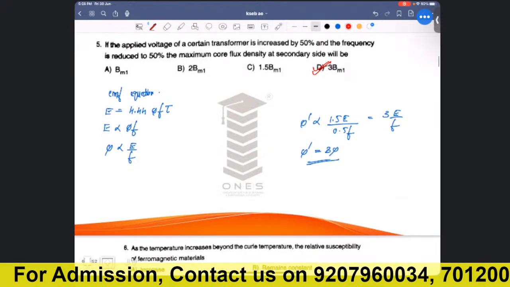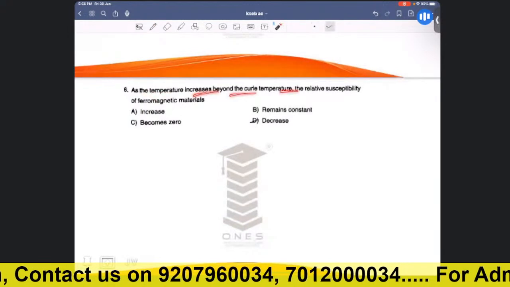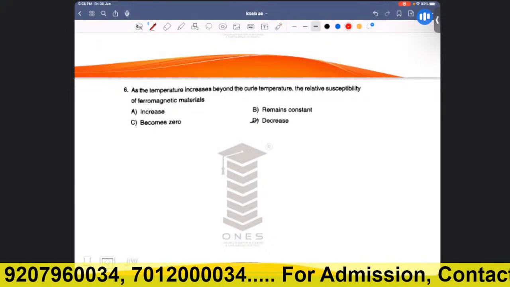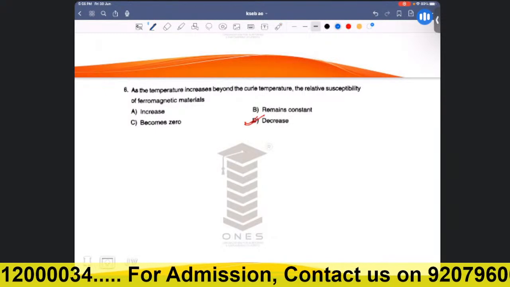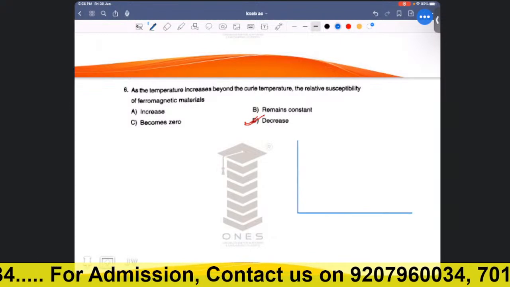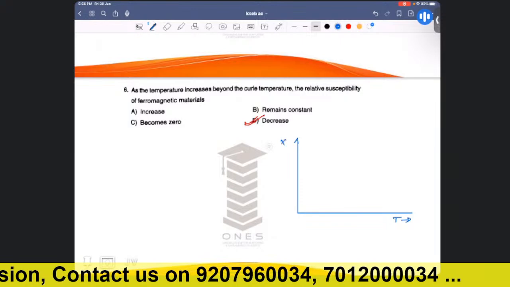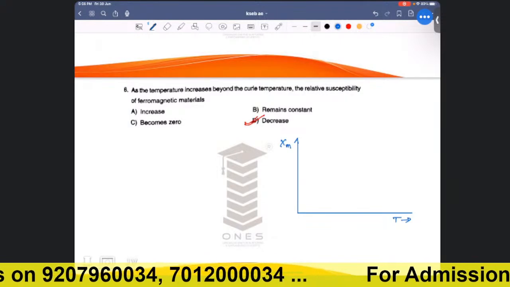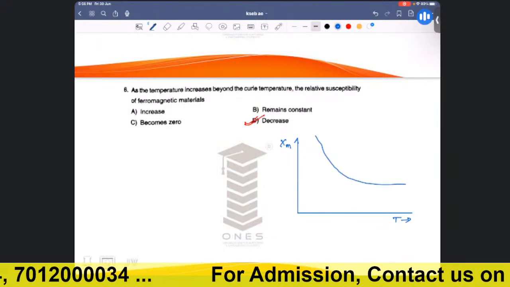Sixth one. As the temperature increases beyond the Curie temperature, the relative susceptibility of ferromagnetic material decreases. The x-axis is temperature and km means relative susceptibility, so the plot will be something like this.